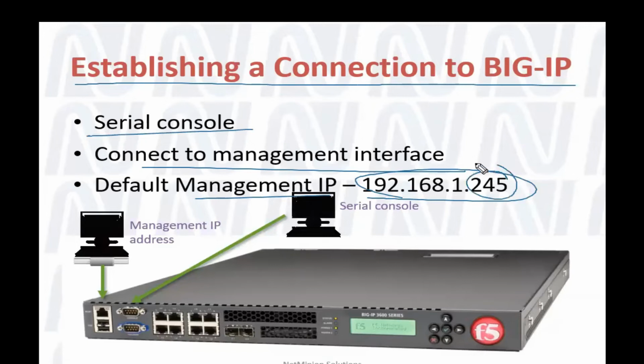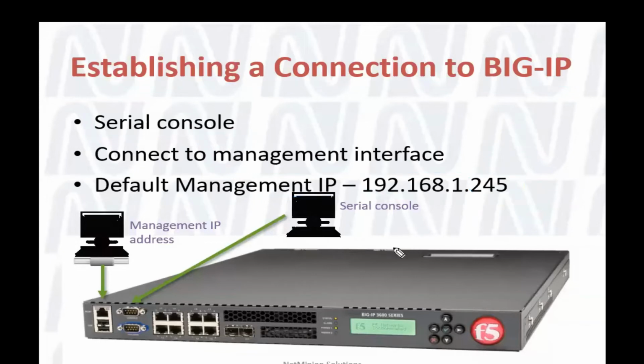If you convert this 245 into hexadecimal, it comes to F5. People say that F5 uses this IP because they are promoting F5 with it. But that again is just stories, I don't know why they are using this. Probably this can be the cause.